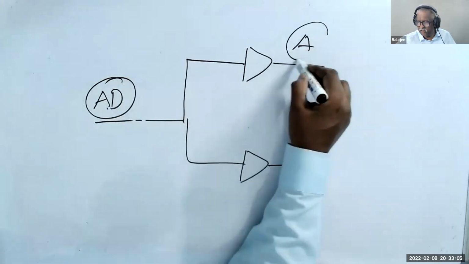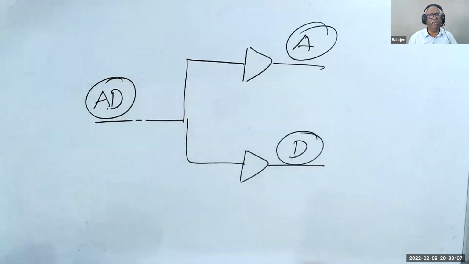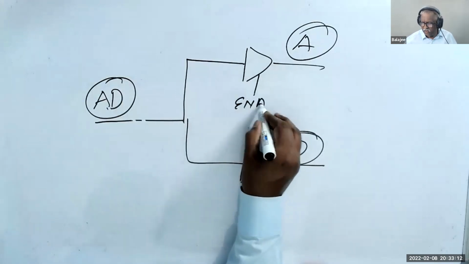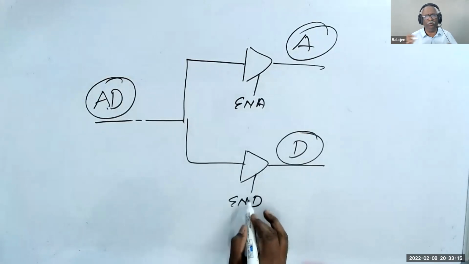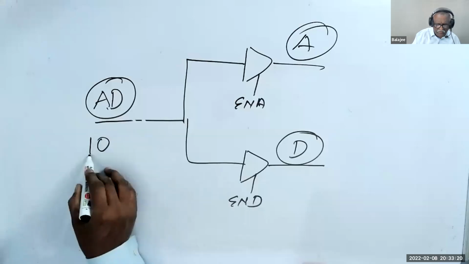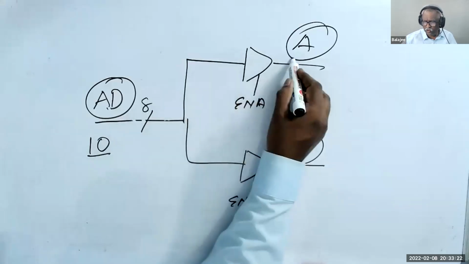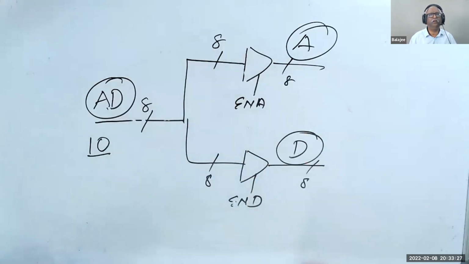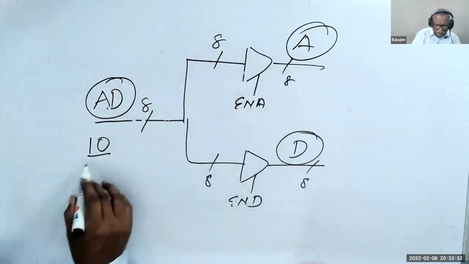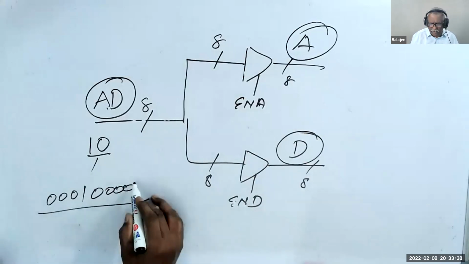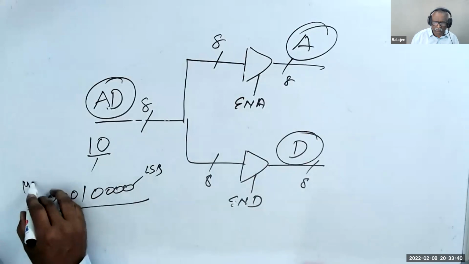This is called A. This is called D. Now I have a signal called enable A, enable D, assuming. If you give 10 here, all are 8 bits, let's assume that. Now when I give 10, it means 0, 0, 0, 1, 0, 0, 0. This is LSB. This is MSB.